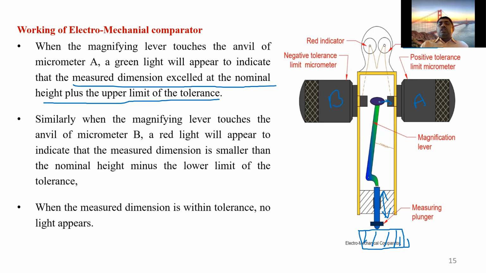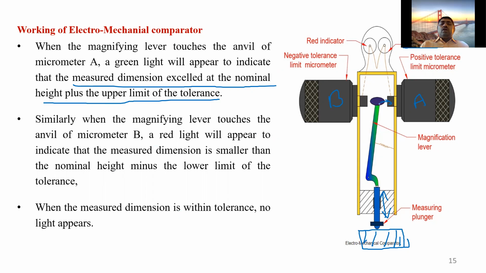So when the magnification lever touches the positive tolerance limit micrometer, the green bulb will appear. That means the component is made at or above the high limit of the component.